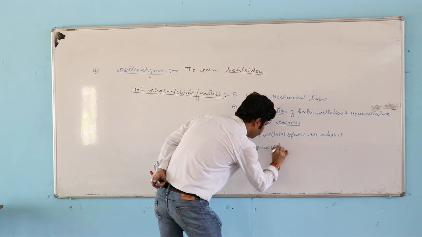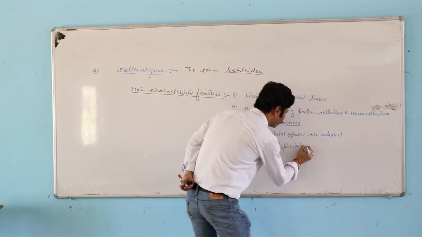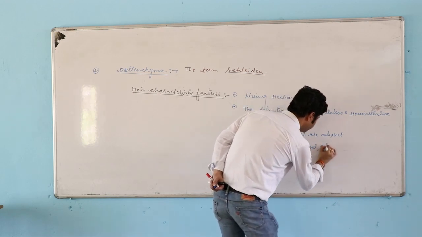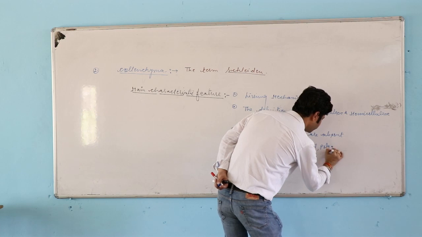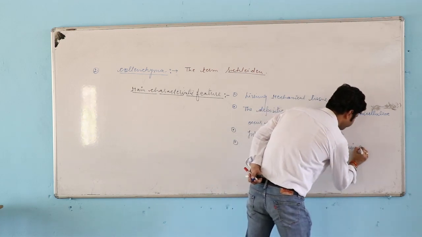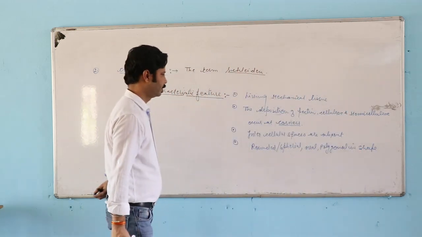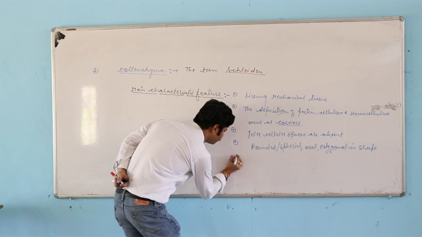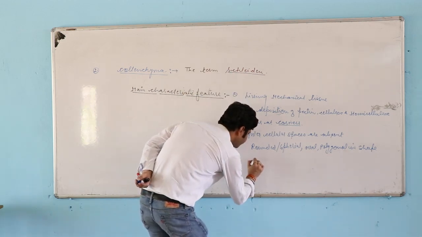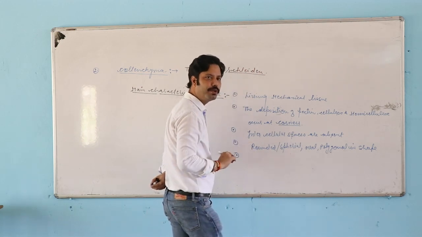These are rounded or spherical, oval, polygonal in shape. It is photosynthetic in nature due to presence of chloroplast. Due to presence of chloroplast, they can also make their own food.